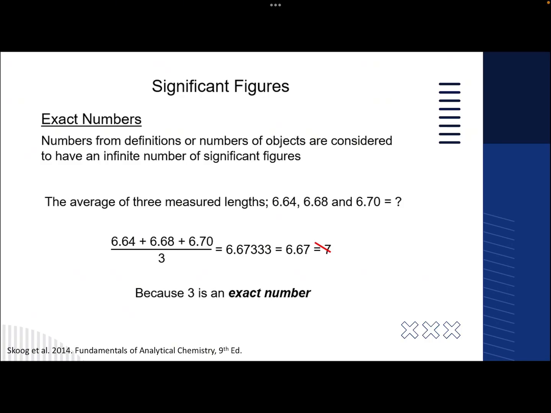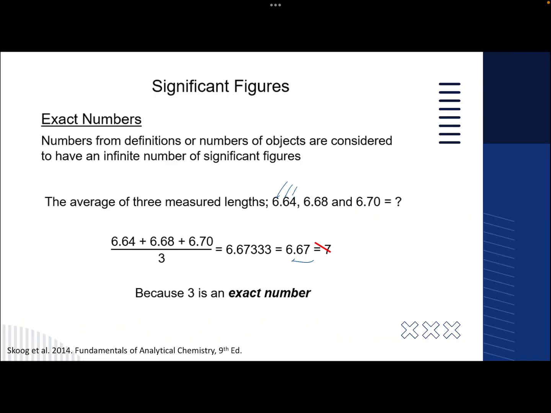For example, if the given has 3 significant figures, then you should report 3.